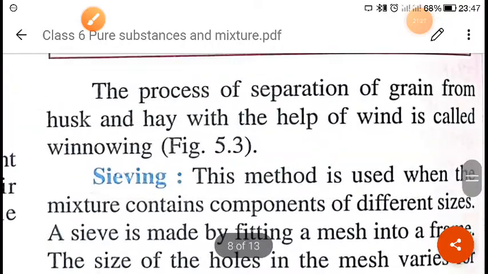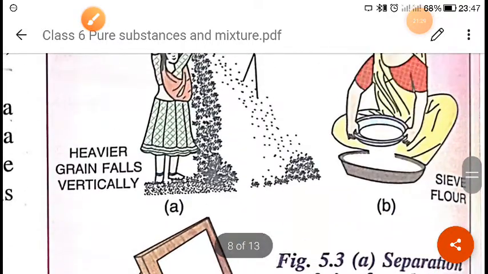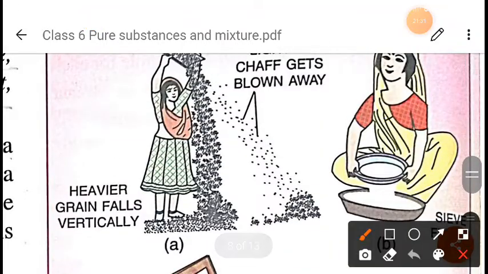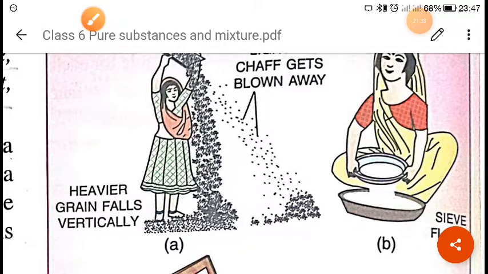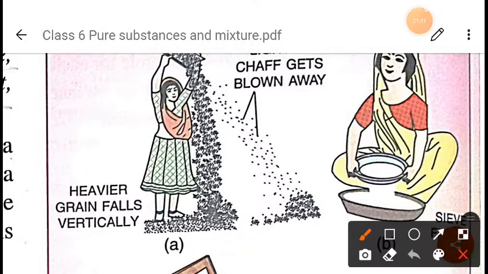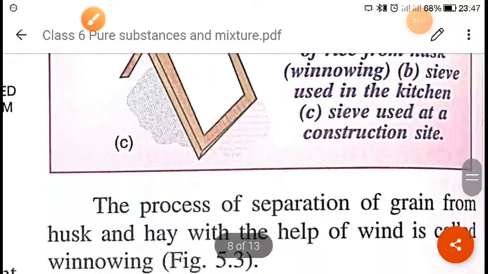As you can see, this woman, you can understand from this diagram what she is doing. She is taking a container, this is a sieve, and she has poured atta or anything else, suji or maida, right? When she shakes it, the larger particles stay here, and the fine particles go below. So I hope you have understood this, right?